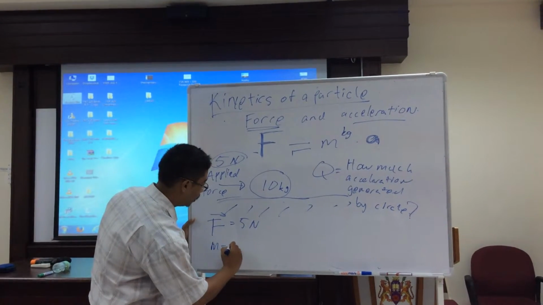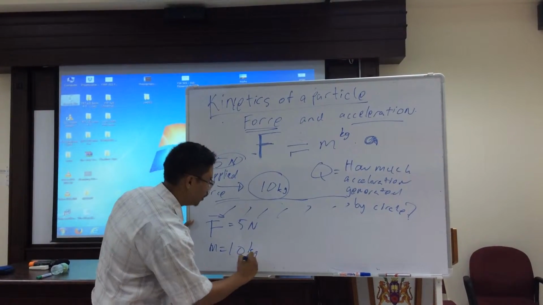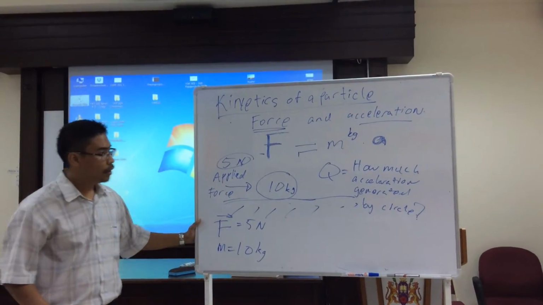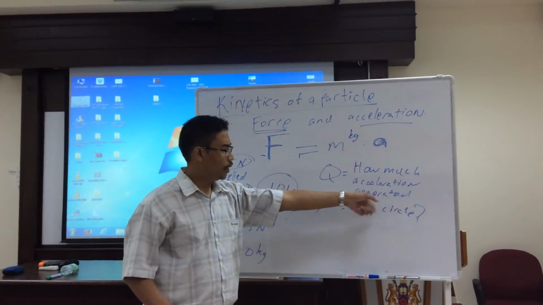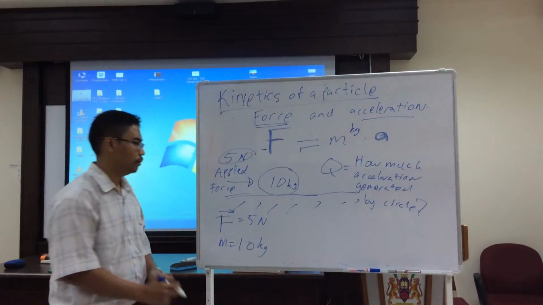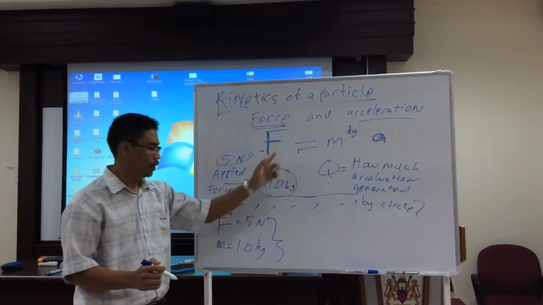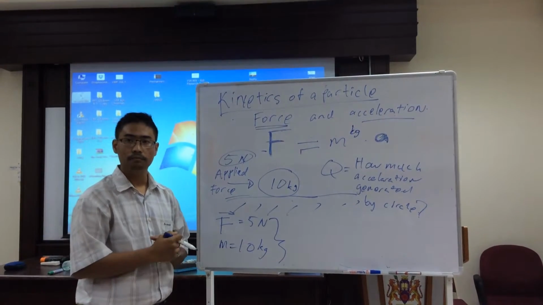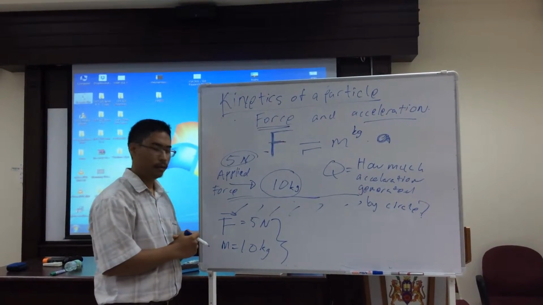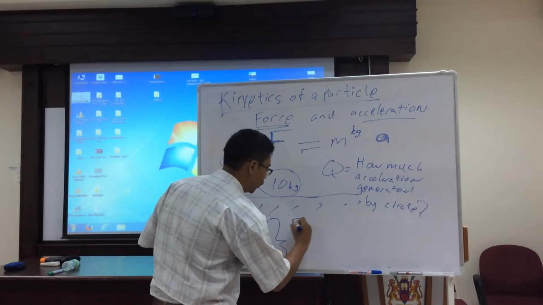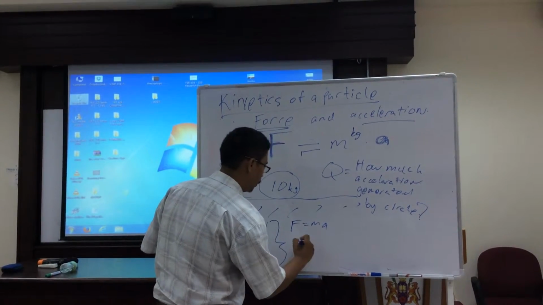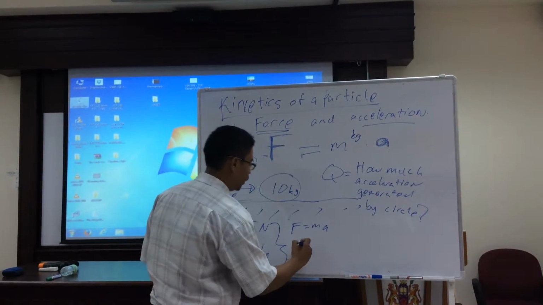So mass is 10 kilogram. The question is asking how much acceleration is generated. So how do we use this equation to answer? Anybody? All right. We have F equals ma, and we want to find the acceleration.